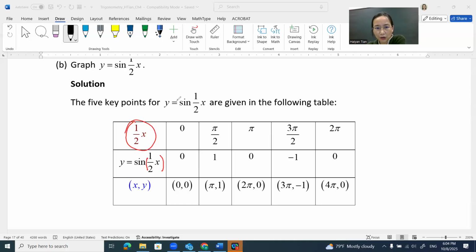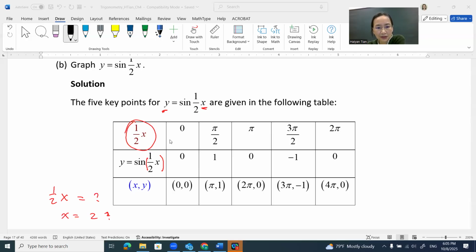But right now we're trying to graph x versus y, not half of x versus y. So when half of x is 0, what is x? When half of x is a certain value, whatever value it is, then x must be twice that value. So x can be easily figured out.